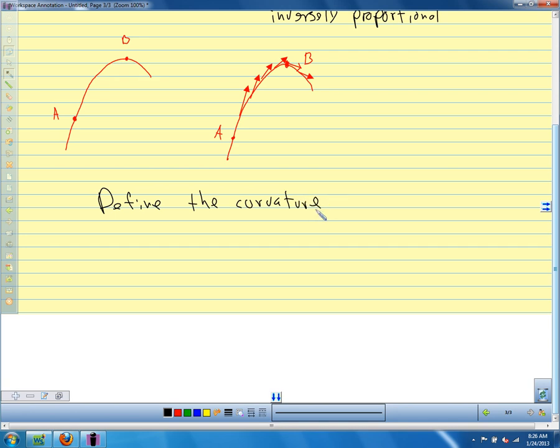And we call the curvature K. K is going to be the magnitude of the rate of change of the unit tangent vector with respect to the arc length.